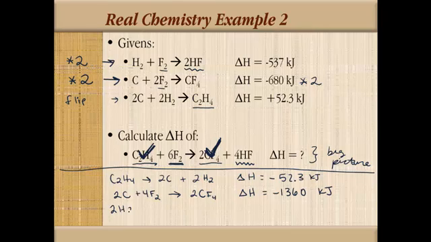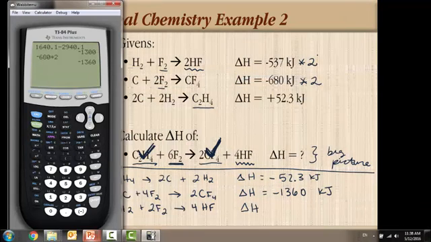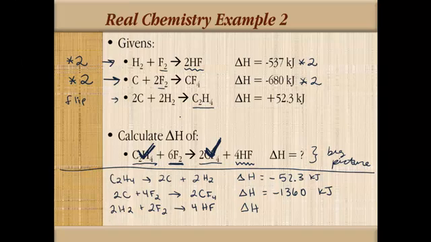So 2H2 plus 2F2 becomes 4HF, and my delta H, same thing, multiplied by 2. So negative 537 times 2, negative 1074.